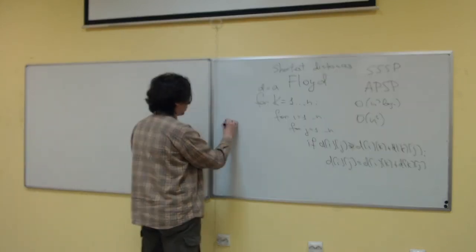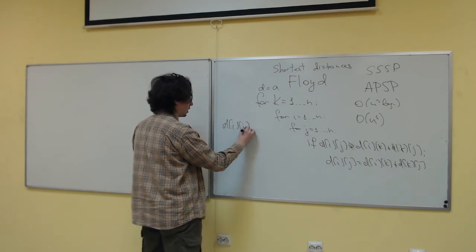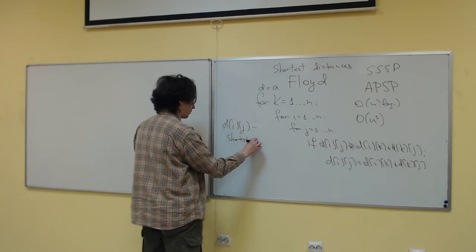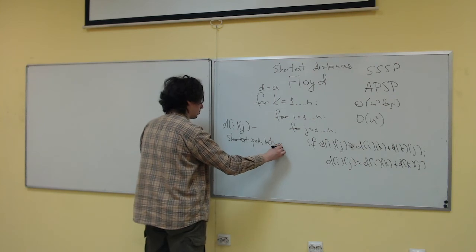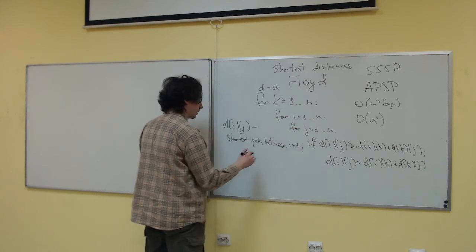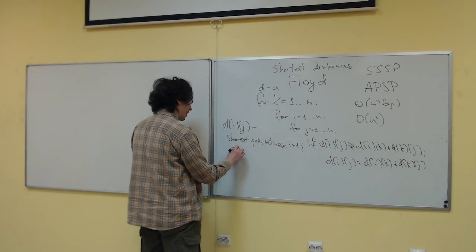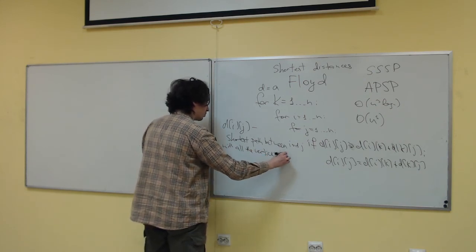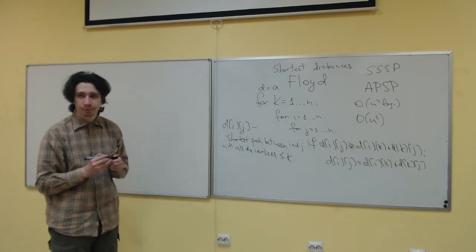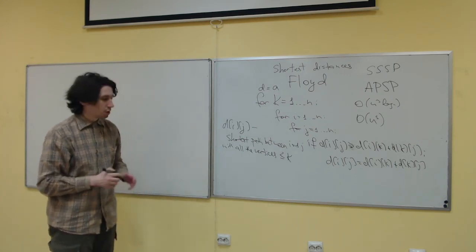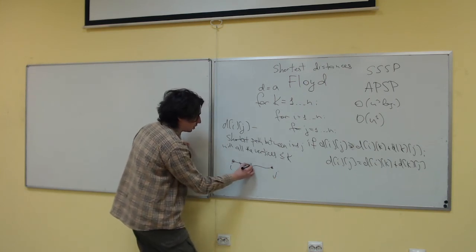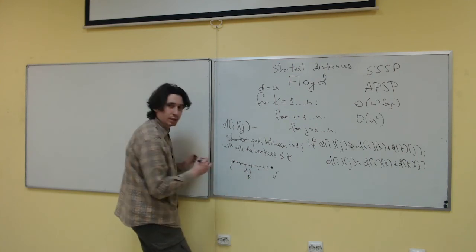So at each step, D[i][j] is the shortest path between i and j, with all the vertices on the path less than or equal to k. So you have vertex i, there is some path to vertex j, and here each of the middle vertices is less than k.